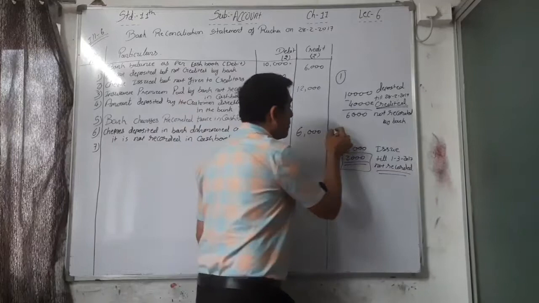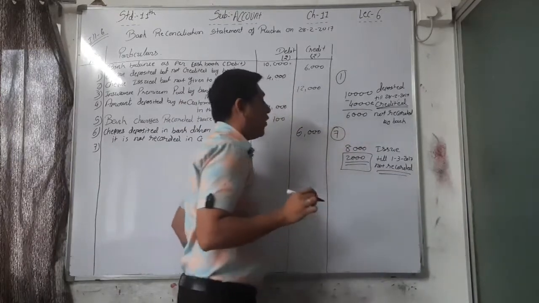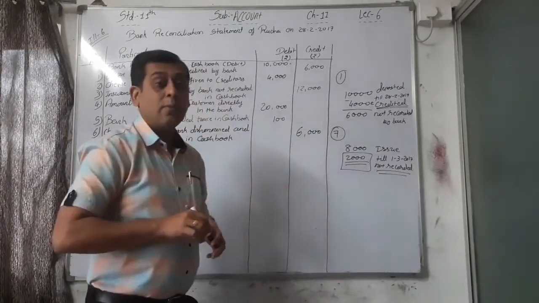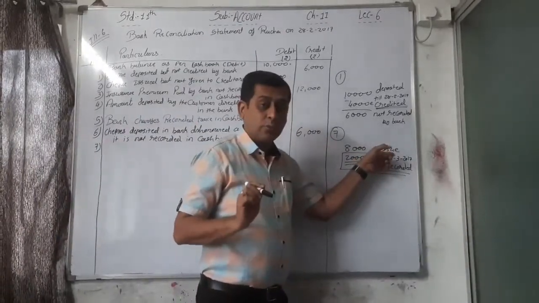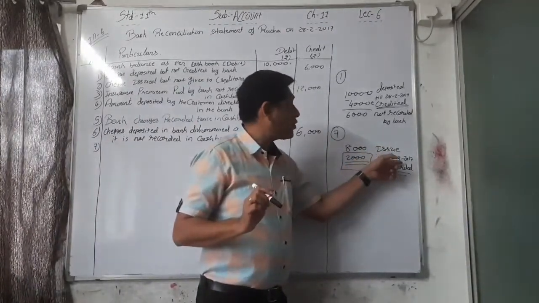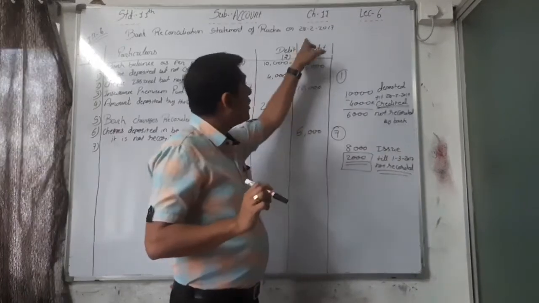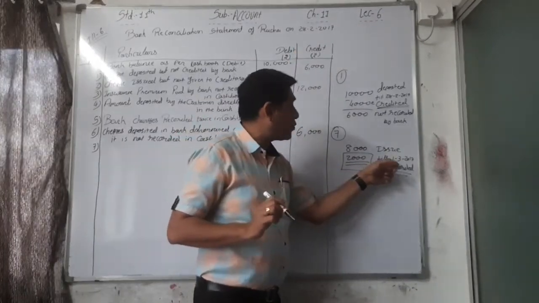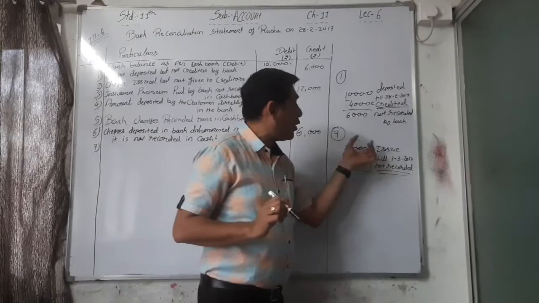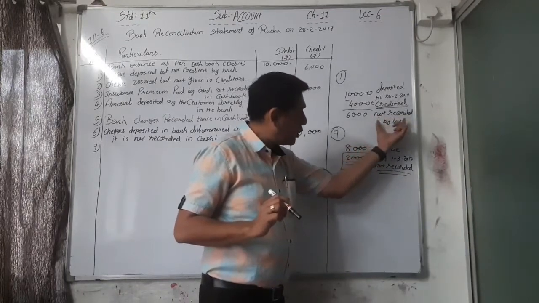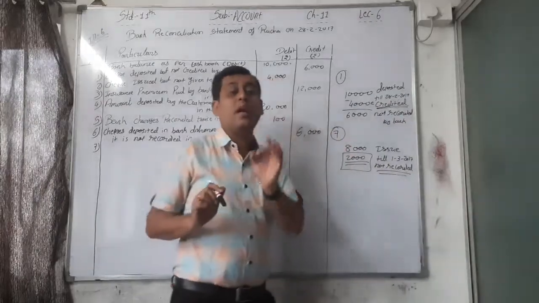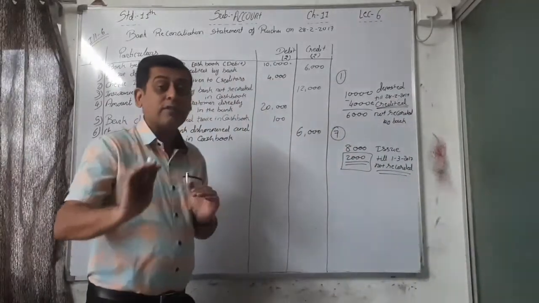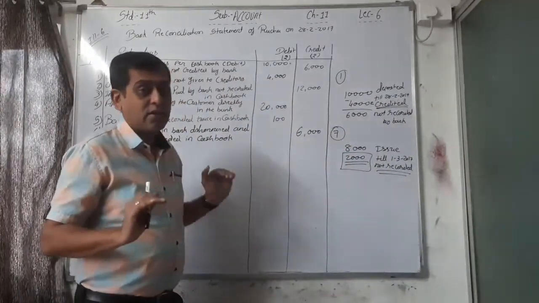Now in the seventh point, what value is given and what the problem is: 8,000 rupees check is issued, right? But till 1st March, 2,000 is not recorded. So we are finding the not recorded amount because we have to write down the not recorded difference amount in the bank reconciliation statement.